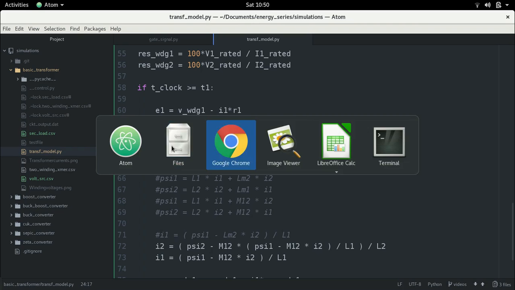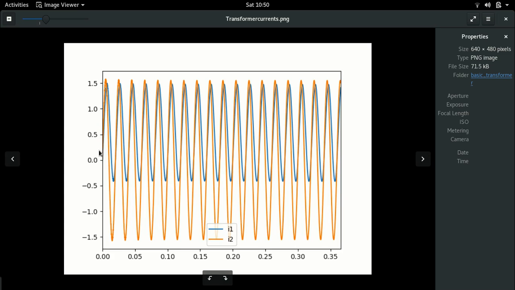So let's go back here and have a look. We are seeing that our current is starting at 0, and that is only expected. Why? Because when you apply a voltage to a winding, the current cannot jump, right? We actually are expecting the current to jump because when you have flux linkage, which is a negative cosine, you expect the current also to be a negative cosine, but that is not possible, right?